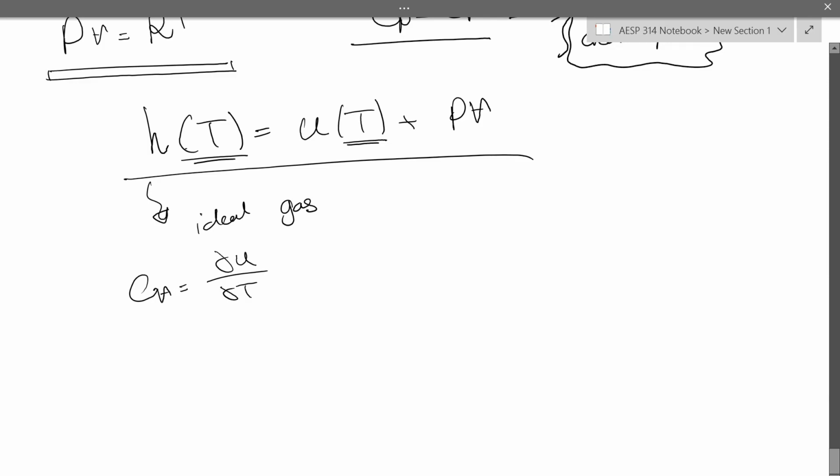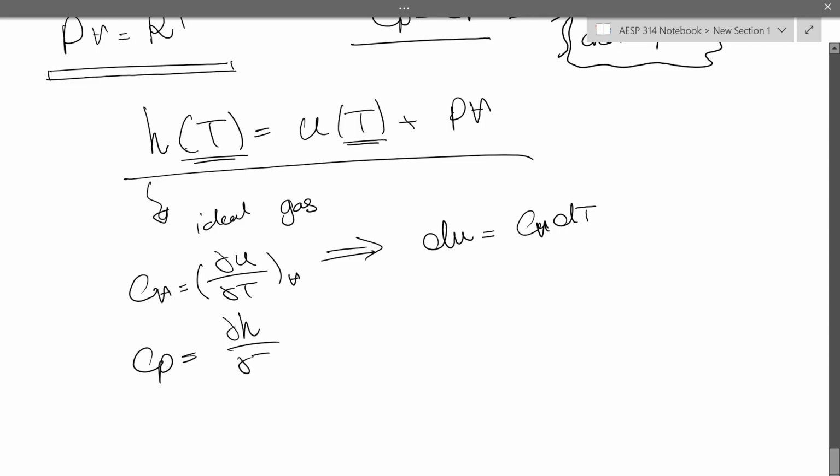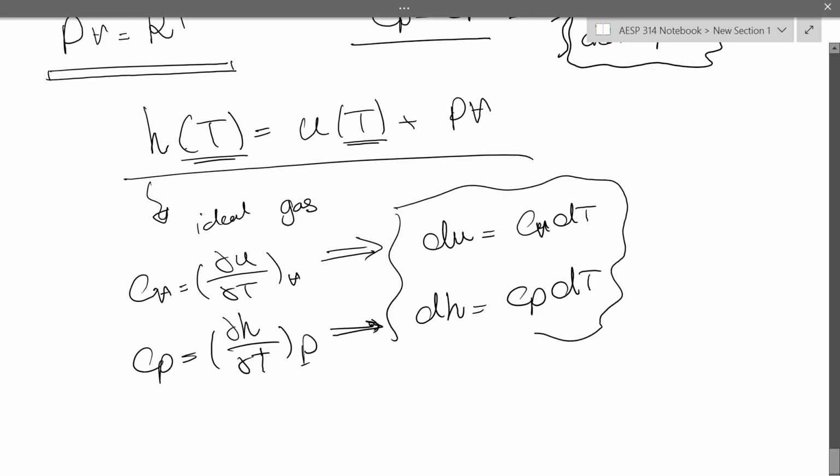So when defining Cv, we have du/dT at constant volume. We can actually rewrite this as du equals Cv dT. We can do the same thing for Cp, at constant pressure. Then we can rewrite this as dH equals Cp dT. Make sure you remember this, because this is something you will use again and again for different problems.